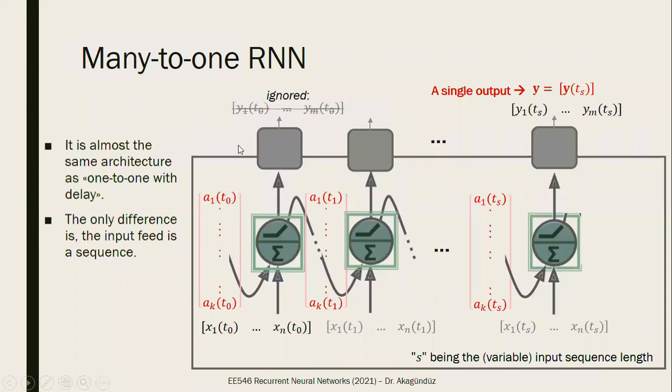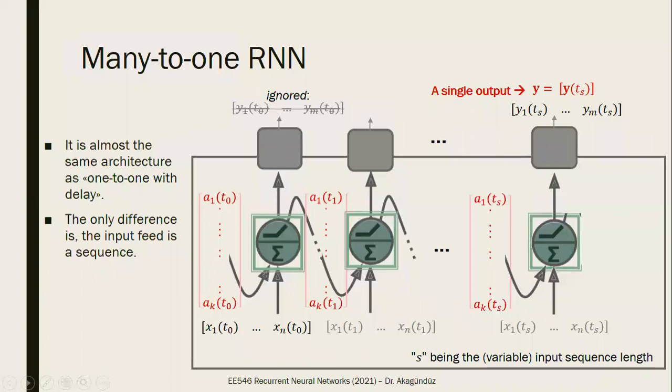But different from one-to-one with delay, many-to-one RNN is simply an RNN with an input sequence which is changing through time. So the input sequence is changing, and at some point you get a value. So it's like one-to-one with delay with varying inputs.